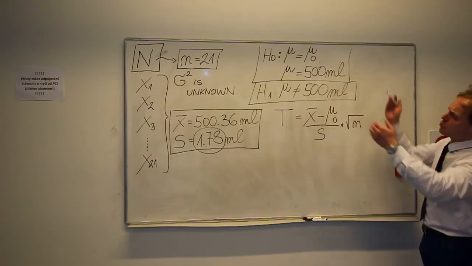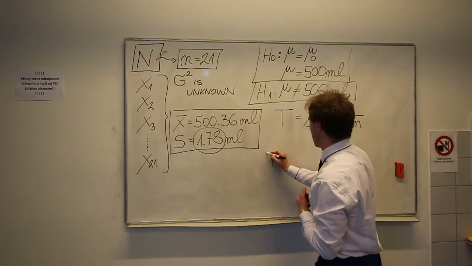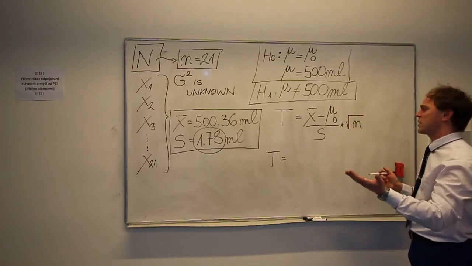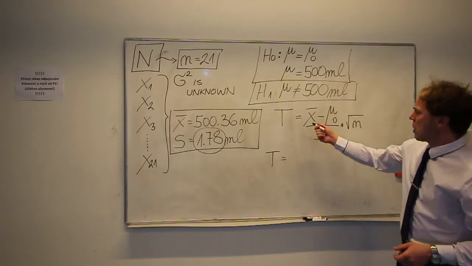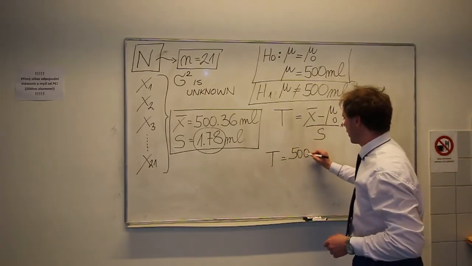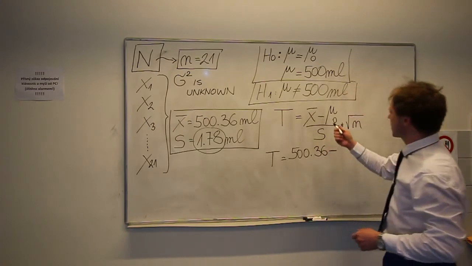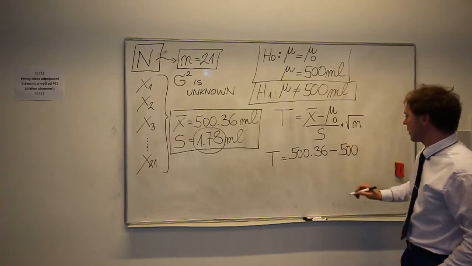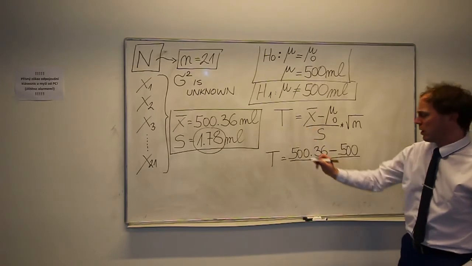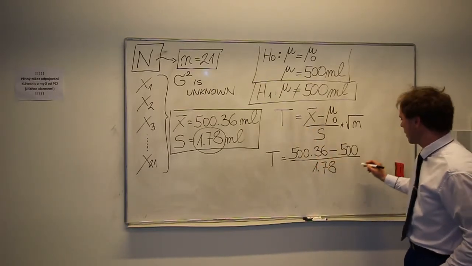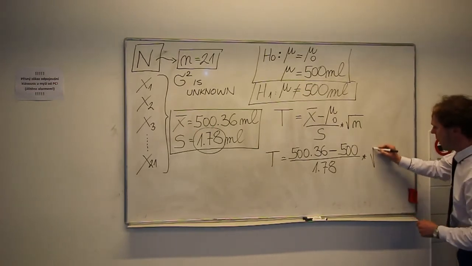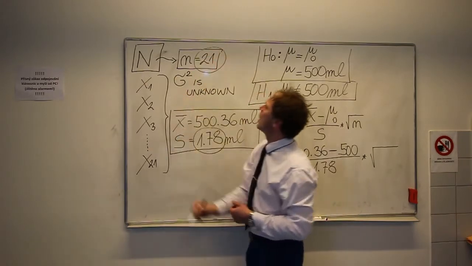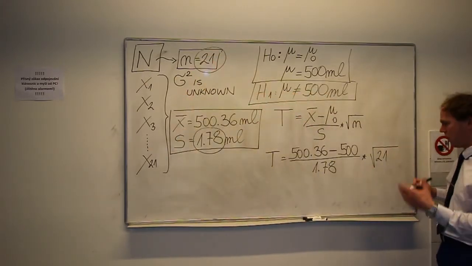Because we know everything, we are able to calculate this value of t-test, t statistic, test criterion, etc. So, calculated mean 500.36 minus the value which is set in the null hypothesis, 500, divided by standard deviation 1.78, multiplied by the square root of 21 bottles.